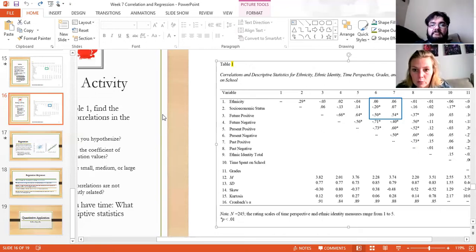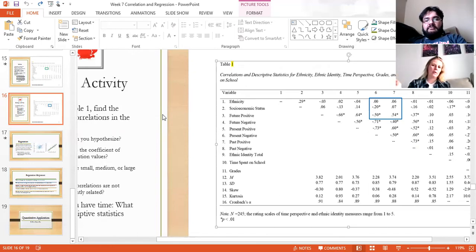However, socioeconomic status with present negative has an inverse relationship of 0.2, meaning that when your socioeconomic status goes up, your present negative goes down. Oh, that makes sense.